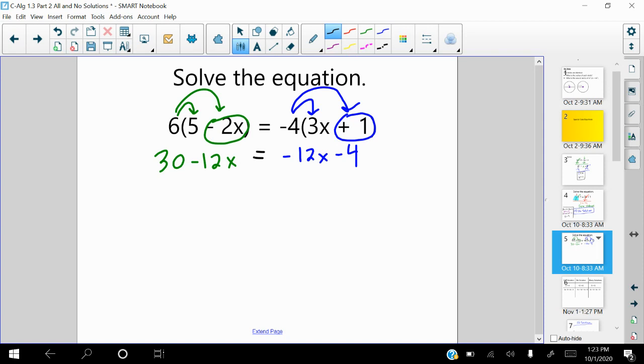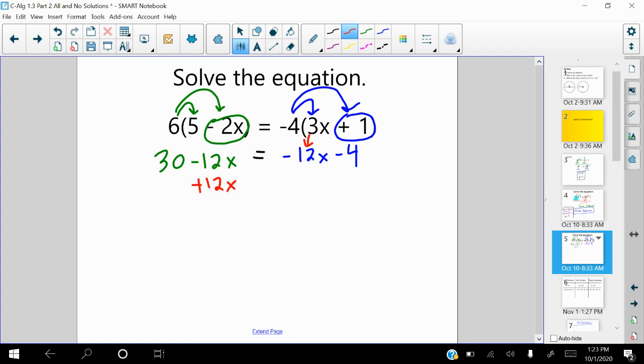Now, can we simplify either side of the equal sign? No, we can't. So we want to bring over our variables. Well, I'm comparing. I have -12x and -12x. Those are the same numbers. So just like before, it doesn't matter which side we bring them to, because something special might happen. But let's say I want to bring them over to the right-hand side.